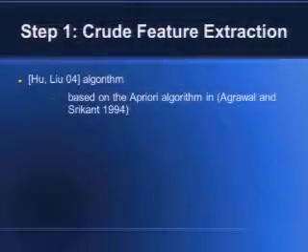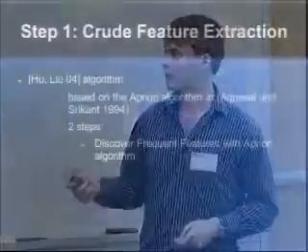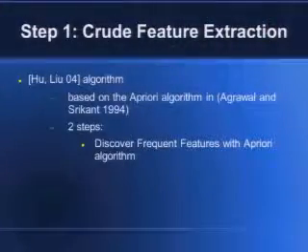So for step one, the crude feature extraction, I followed an algorithm by Hu and Liu, which is based on the a priori algorithm for classification. It comes in two main steps. The first is to discover frequent features, which are words from noun phrases which commonly occur throughout the reviews.